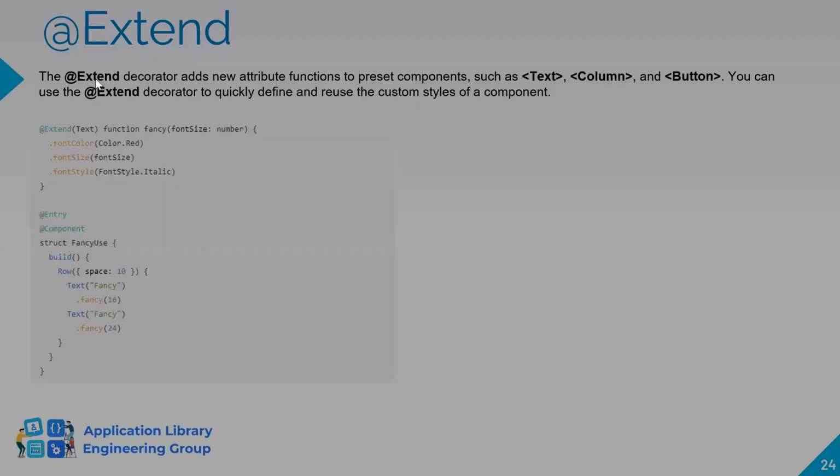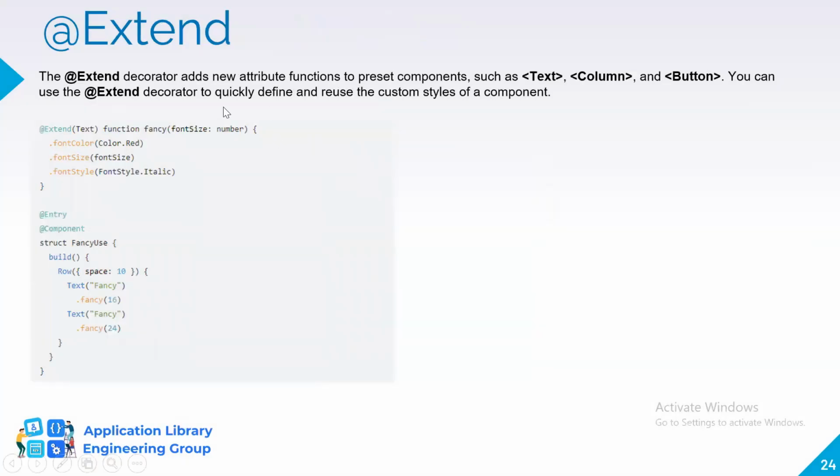One more useful decorator is called @Extend, wherein you can add new attribute functions to your inbuilt components. For example, the text component already has some attribute functions provided by the SDK. If you want to add a new function, you can use @Extend, define that function and use it. In this example, I have defined a fancy function using @Extend, and I'm using it in my component.